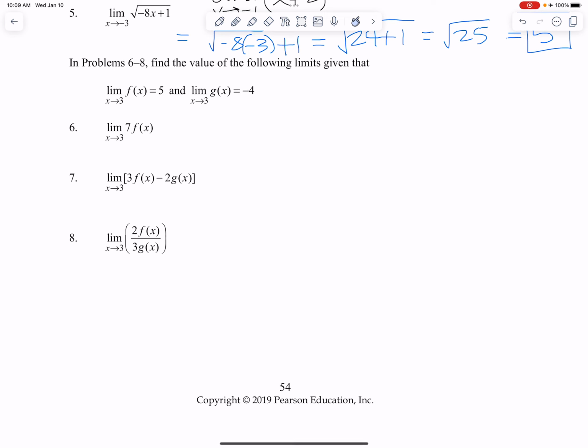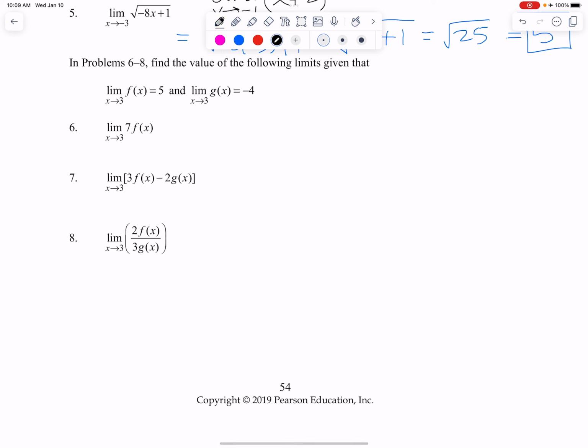Next up, find the value of the following limits given that the limit of f of x as x goes to 3 is 5, and the limit of g of x as x goes to 3 is negative 4. So, first one we have is the limit of 7 times f of x as x goes to 3.